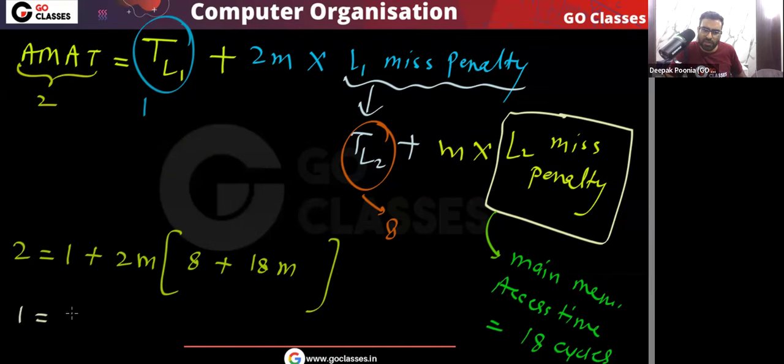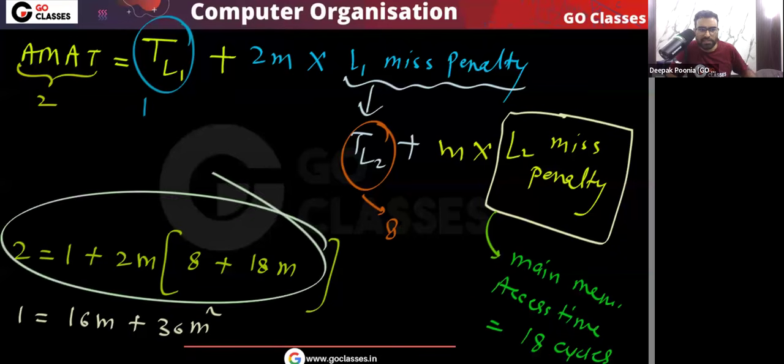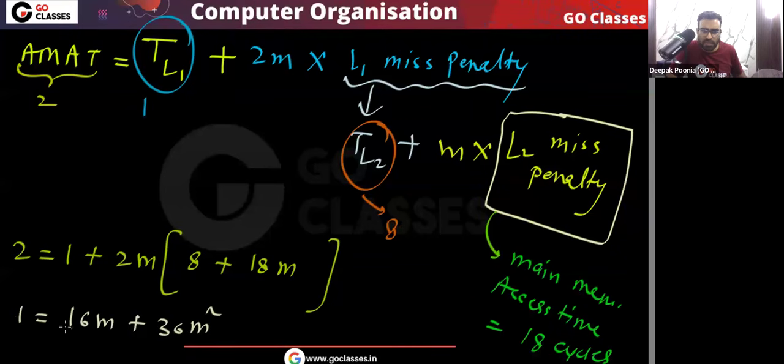We will get 1 equal to 16M plus 36M square. So we got a quadratic equation basically: 36M square plus 16M minus 1 is equal to 0.